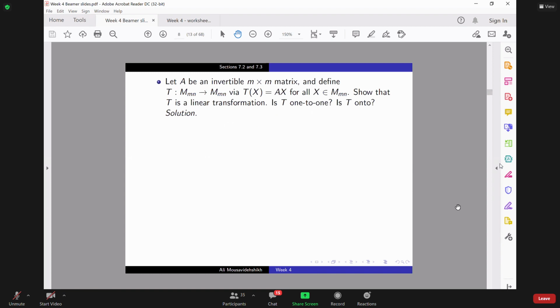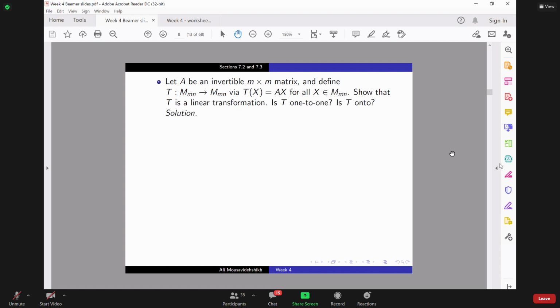So let A be an invertible matrix and define T to go from m by n matrices to m by n matrices via T of X equals AX for all X in the m by n matrices. First of all, T is a linear transformation, and the question is, is T one-to-one? And is it onto?